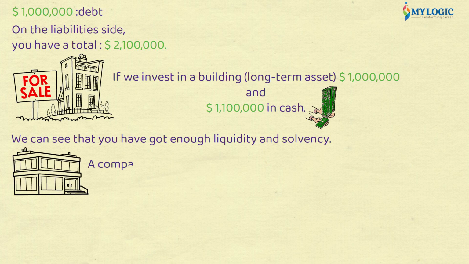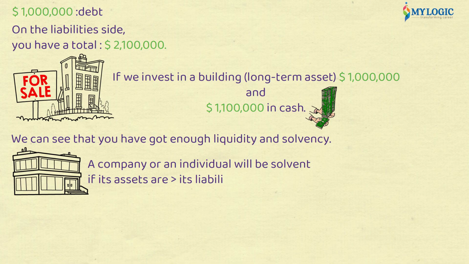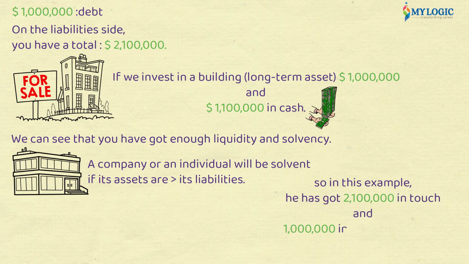A company or an individual will be solvent if its assets are more than its liabilities. Fine. So in this example, he has got $2.1 million in assets and $1 million in debt, which is very solid.